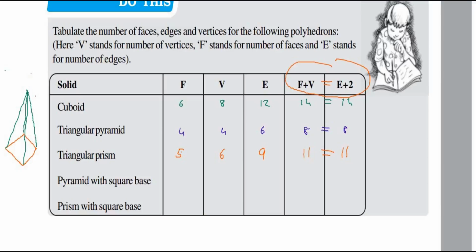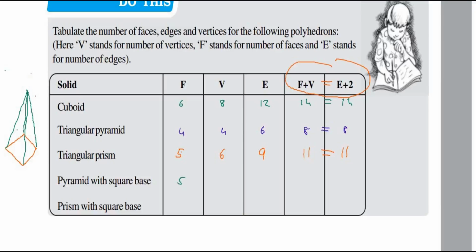Okay, pyramid with the square base. Again, let's find the faces. How many faces? So see, because it has 4 sides. So 1, 2, 3, 4. 4 triangles, and the 5th base is square. So 4 triangles and 1 base. So we have 5 faces.